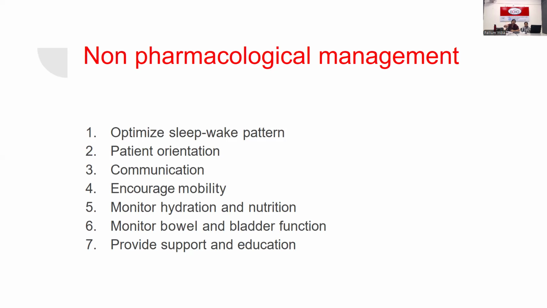Now it is coming into action. There are so many things you can do. It's not only giving a drug. The most common drug we give in delirium is haloperidol. Don't jump into this type of drug. You have to go for non-pharmacological management first. Optimize sleep-wake pattern. We'll discuss each point in detail. Okay, next slide.